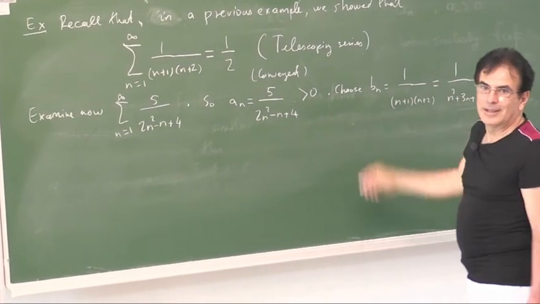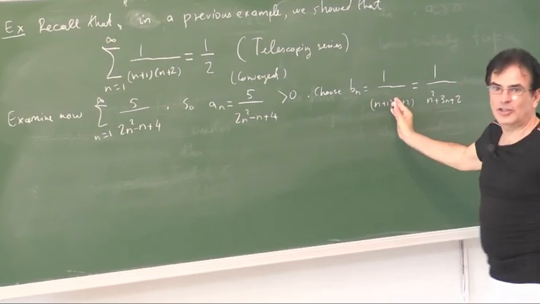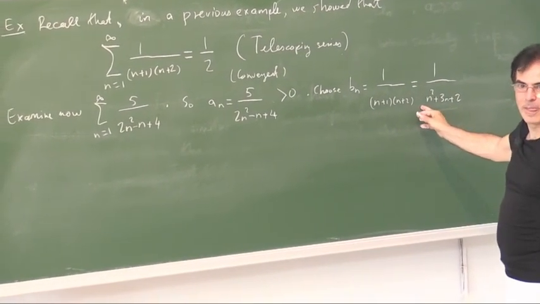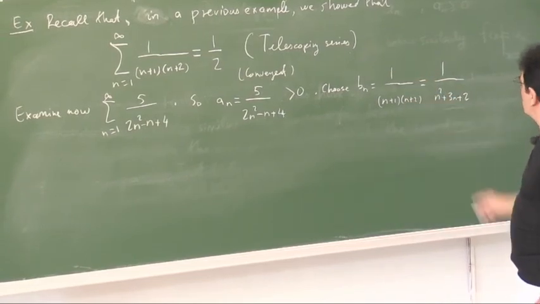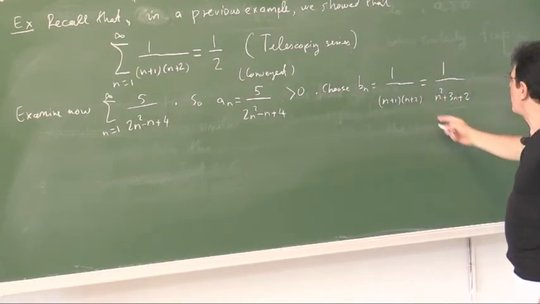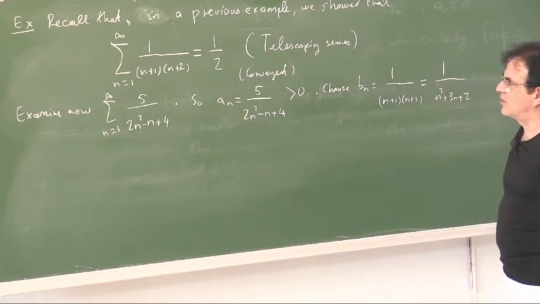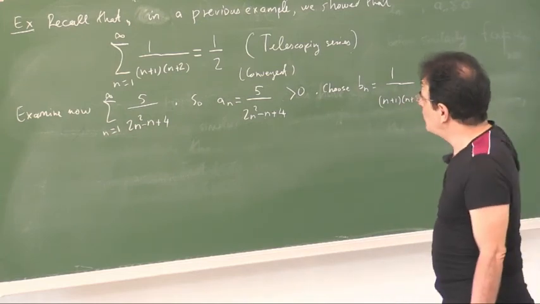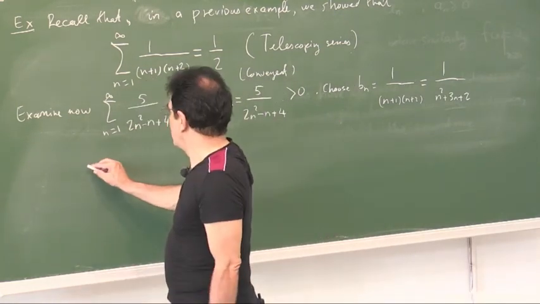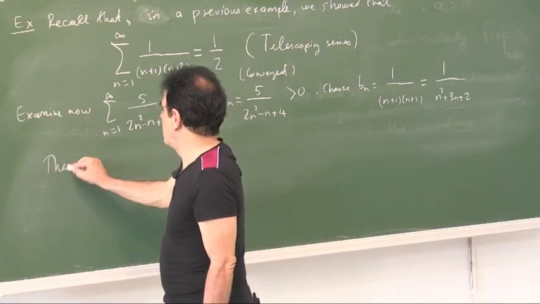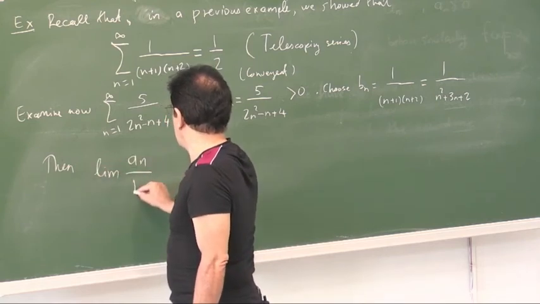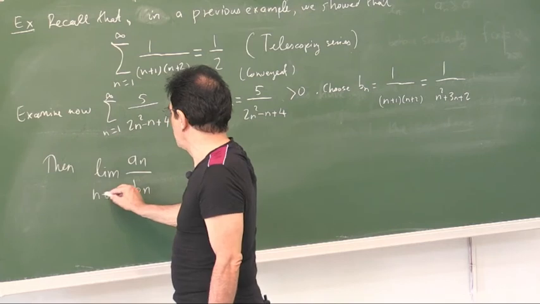So this series is known as a convergent series, isn't it? In a previous example, we showed that. Also, you can show by the direct comparison test that this series is convergent. Anyway, observe the limit of an over bn when n goes to infinity.